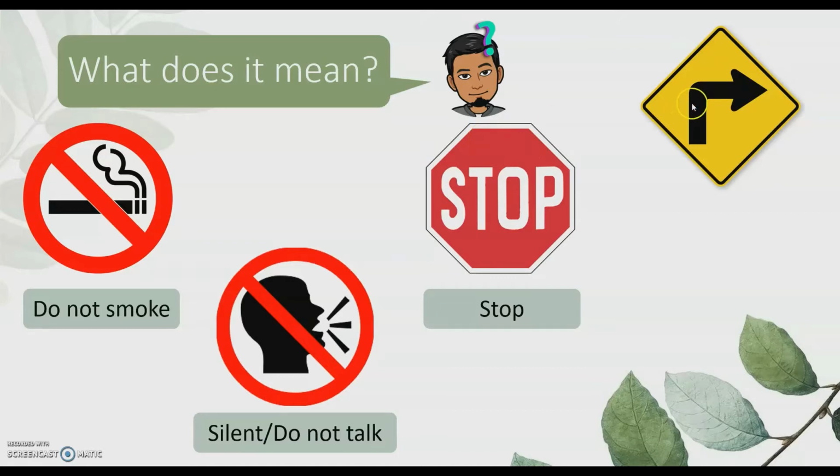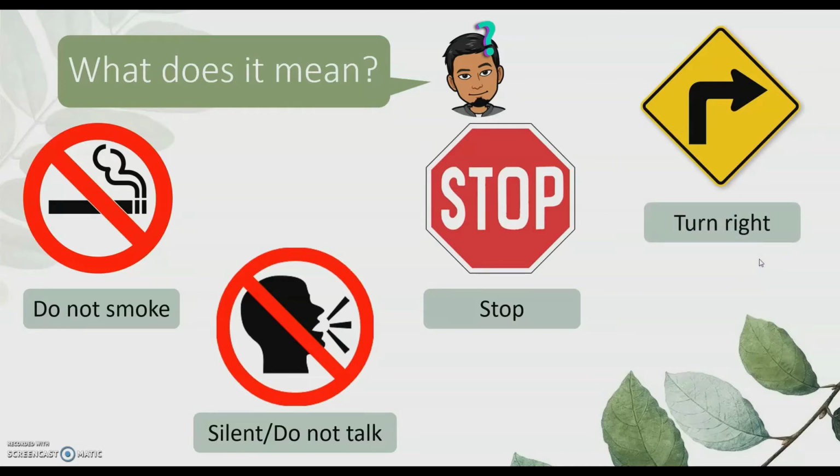Okay, the last sign, the yellow one. There's yellow and there is an arrow showing to the right. So what does the sign mean? Okay, let's see.